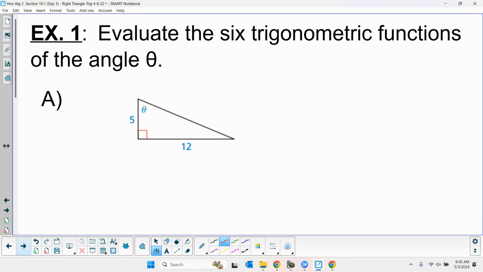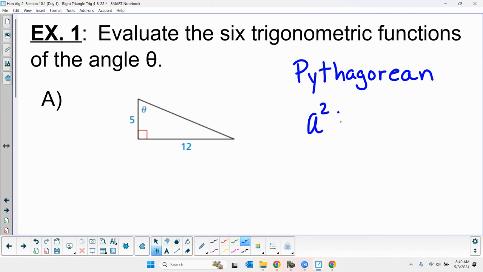Okay? Now, since it's a right triangle, there's a thing called the Pythagorean theorem. Anybody know what that is? Yeah. A squared plus B squared equals C squared. C is always the hypotenuse. A and B, doesn't matter which one you make. We call those the legs.